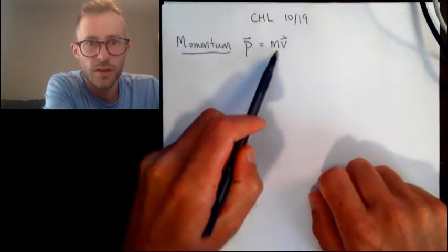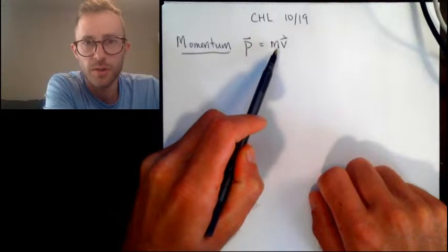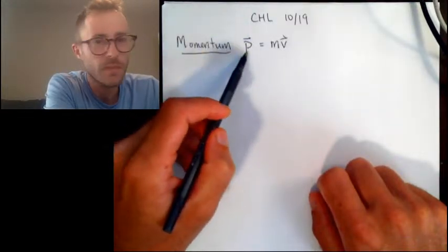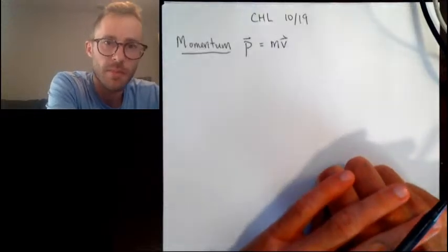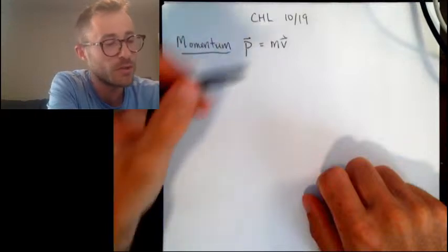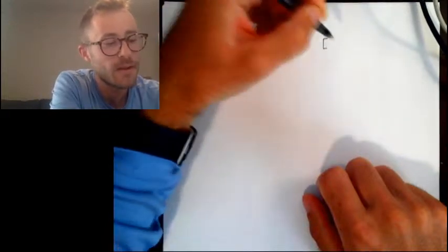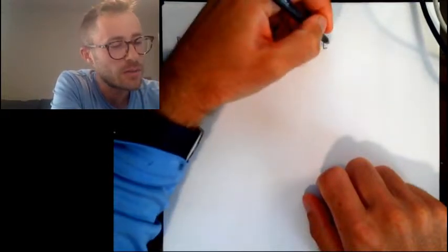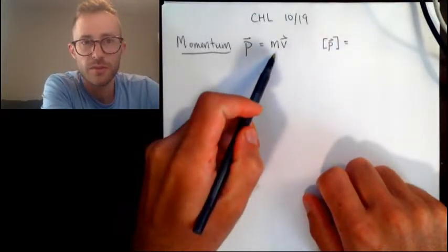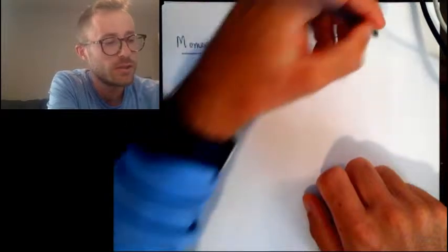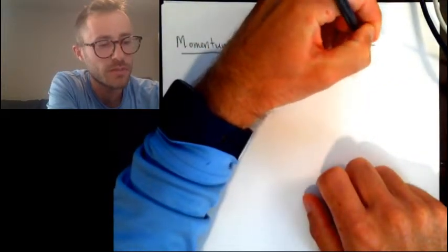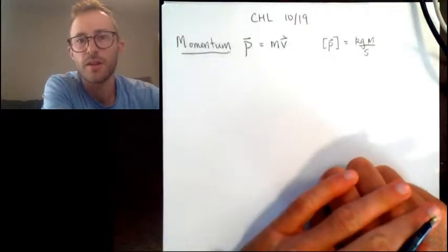Notice that this is a scalar multiplication, mass times velocity, scalar, so we can use this to determine the units of momentum. The units of momentum are going to be units of mass times units of velocity. So that would be kilograms times meters per second. Kilogram meters per second.